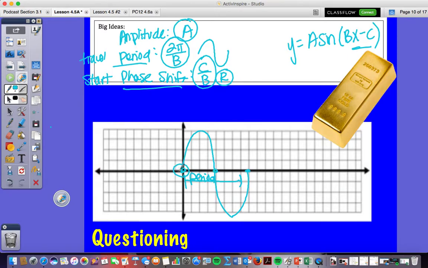This point is called my phase shift, right? Because it's where I start. You'll see why in a second. And then how high or how low it goes is my amplitude. This would be up A and down A, whatever A would be. Cool? If you're good, say uh-huh.